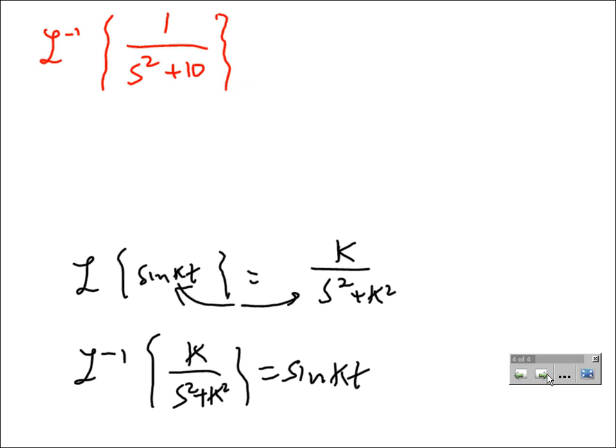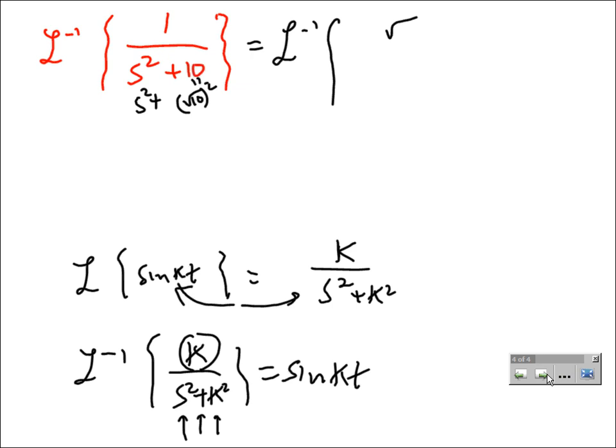Now, this bottom, remember, 10 you can think of as square root of 10 squared. So the bottom is s squared plus k squared. But we don't have the k on the top. The k is just a number. I can always put it, even if it was a letter.